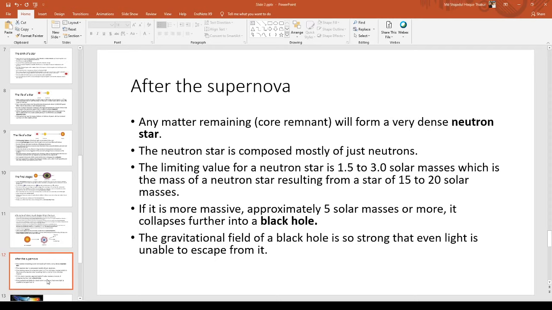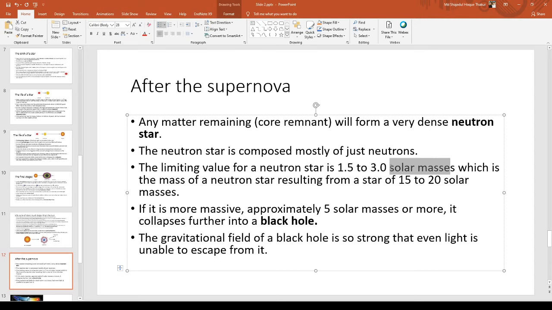As we continue to the next point, the neutron star itself has a limiting value. So what is the limiting value? It has a limiting value of mass. The limiting value for a neutron star is 1.5 to 3 solar masses. Now do you remember what solar mass is?